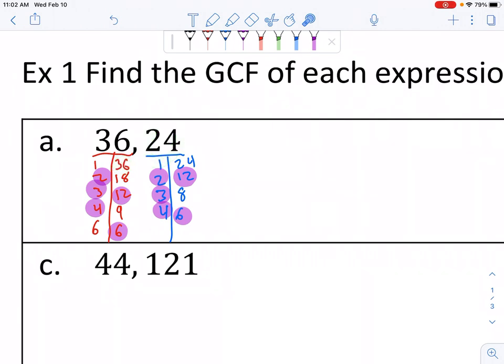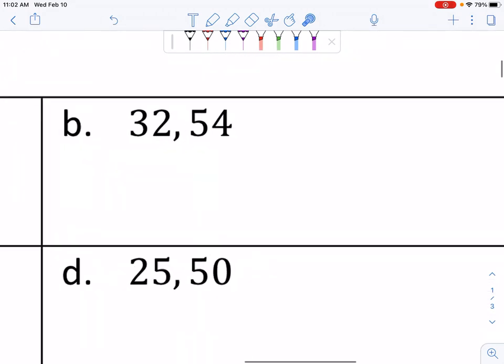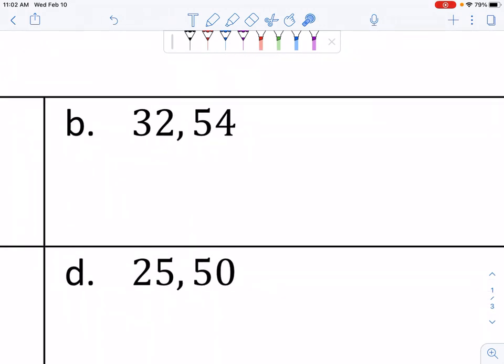So what we can do here, and I'll show you on example B, is instead of having to list both, we can pick the smallest given value. So in this one, our smallest given value is 32. And I'm only going to list the factors of 32.